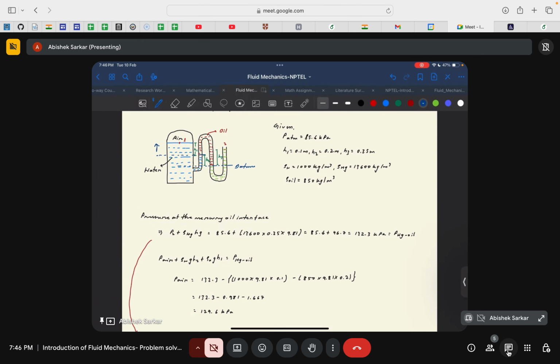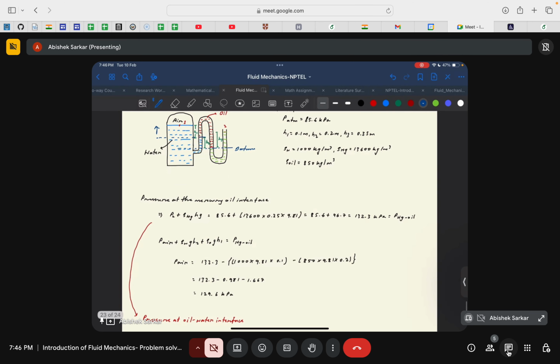So the pressure at that point would be the pressure at the interface of oil and water minus the pressure being generated by the liquid column of height H1, and the liquid in this case is water. Since we need to find the pressure at this point, we need to go up the reference point, so again we need to subtract the pressure from this water column.